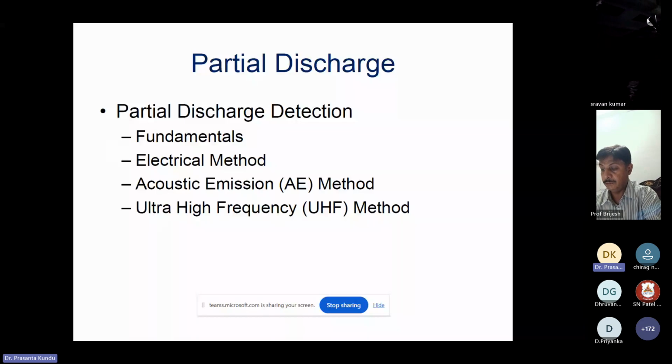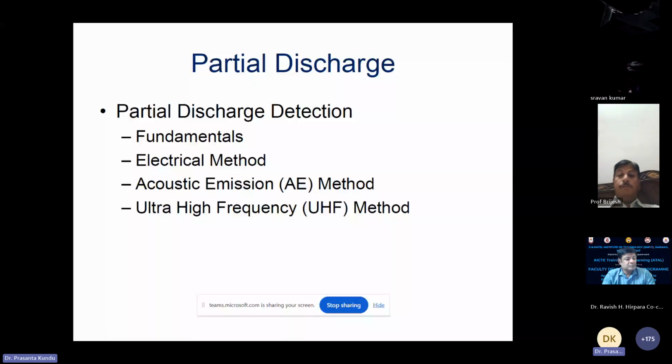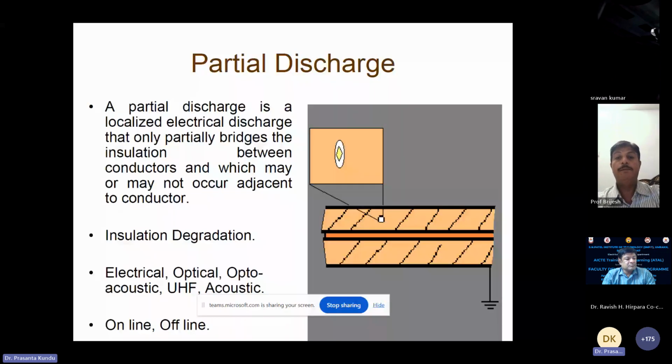Now, what are the fundamentals of partial discharge and why is it important? What are the different methods of detection of partial discharge? Electrical method, acoustic method, UHF method. Partial discharge is a localized electrical discharge that only partially bridges the insulation between conductors, and which may or may not occur adjacent to the conductor.